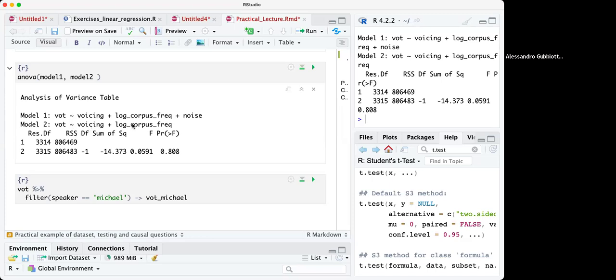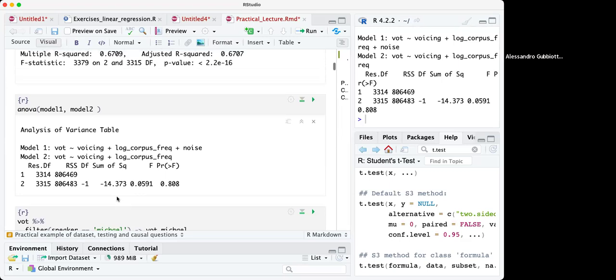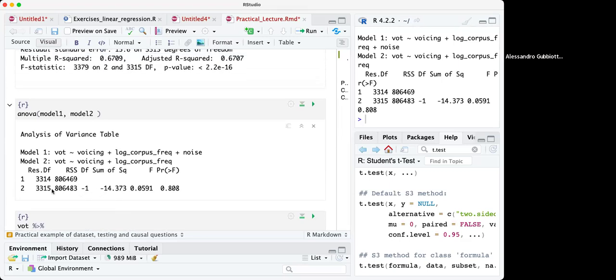For instance, here we see that the second model is better because the RSS is almost the same, but this F statistic is not that big.